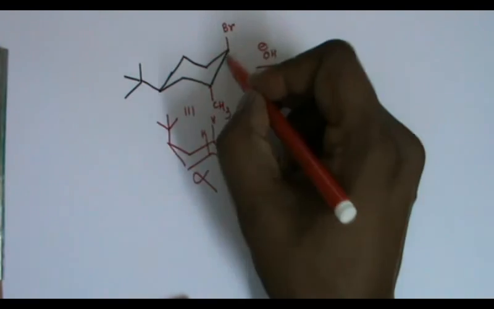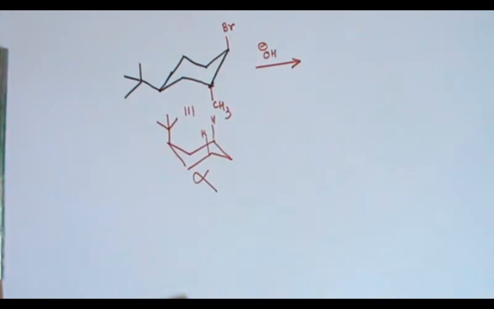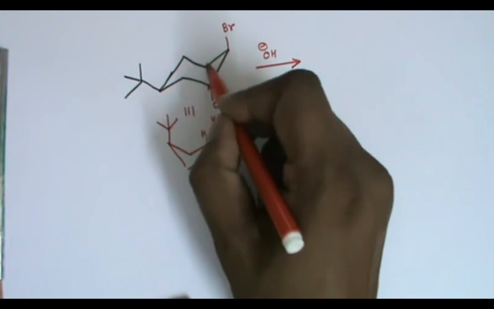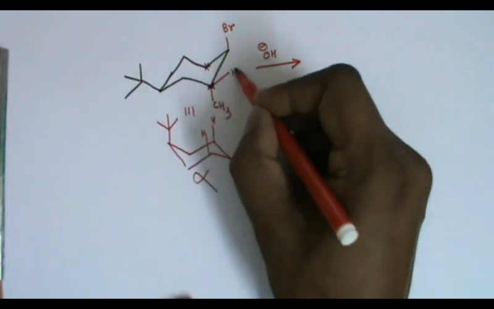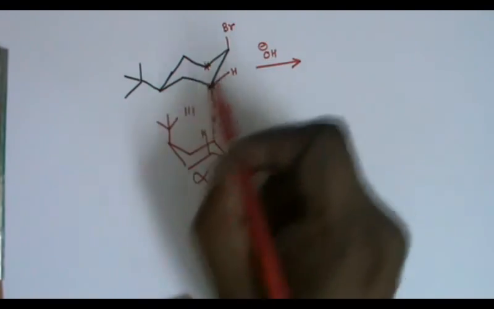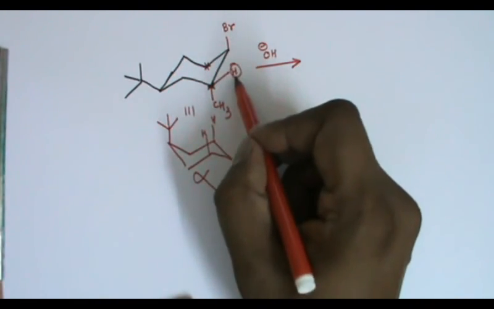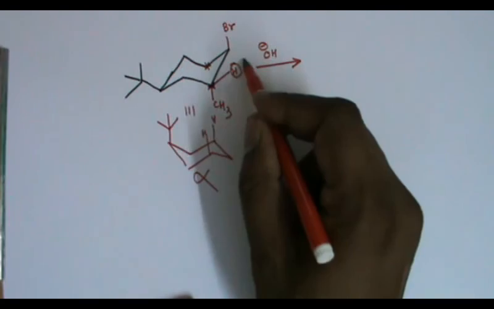Now there are two carbons adjacent to this alkyl bromide. So this is 1 and 2. In this case, we have another hydrogen like this. Another one is methyl. If you see, even though there is hydrogen on the second carbon, it is not anti to that, and they are not in the same plane. So the base will not abstract this.